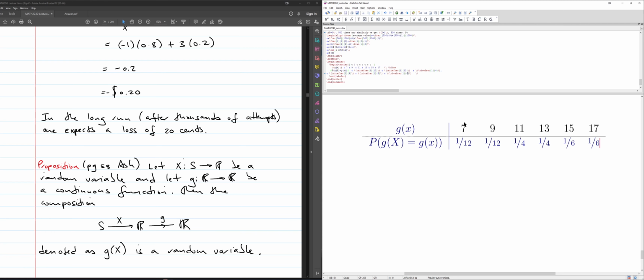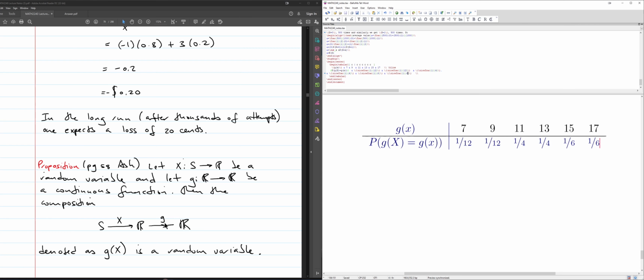So if I'm looking at the 7 over here, the 7 has a single pre-image under the map G, which is 4. And that 4 has a certain probability associated to it by going backwards, taking the pre-image under the random variable and considering the event over there, which had a certain probability associated to it. So that's really why the probabilities are the same.